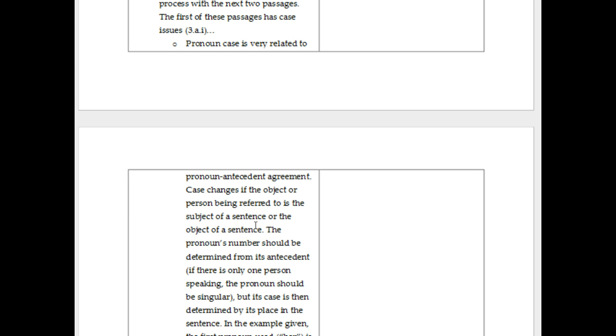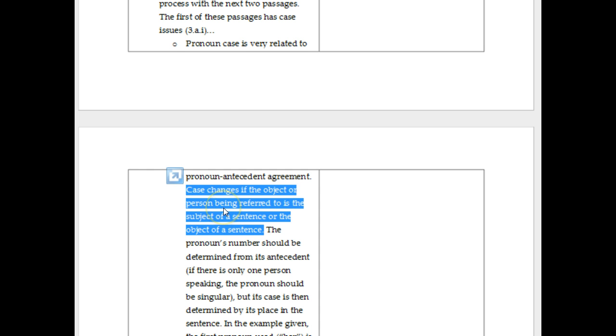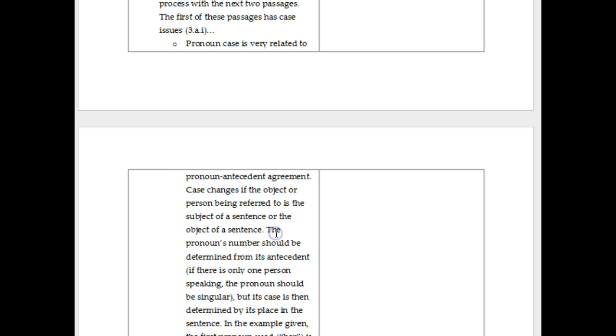While the information you have in here is completely 100% accurate, really nicely done, if you say to a sixth grader, case changes if the object or person being referred to is the subject of a sentence or the object of a sentence, it's too much. That sentence is packed with so much information and so much vocabulary that you're going to lose the kids, and you're going to need to adapt some of that speak to help them come along with you, scaffold it a little bit more, okay?